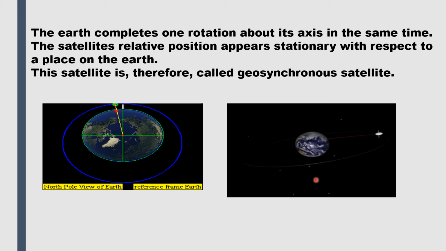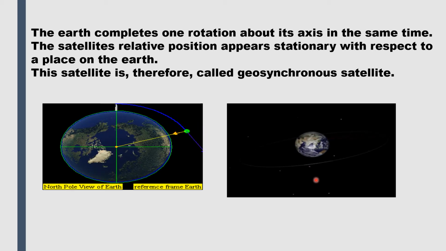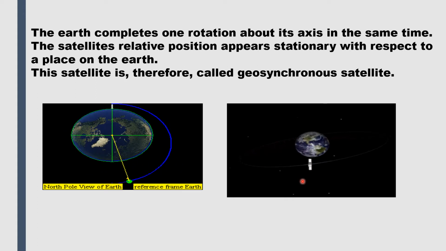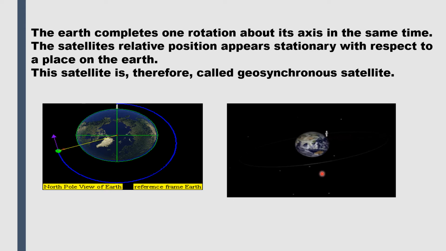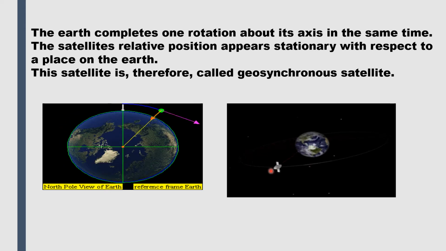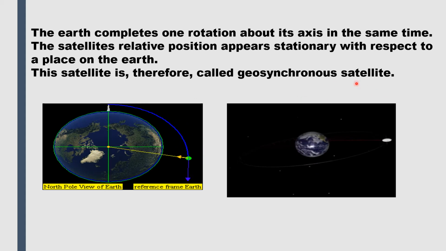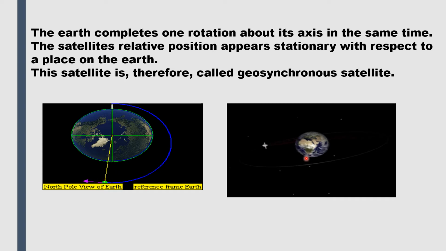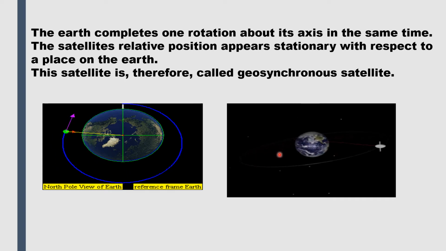The satellite seems to stay in a place over a single longitude. So, as the satellite appears to be stationary with respect to a place on the Earth, these satellites are also called geosynchronous satellites.